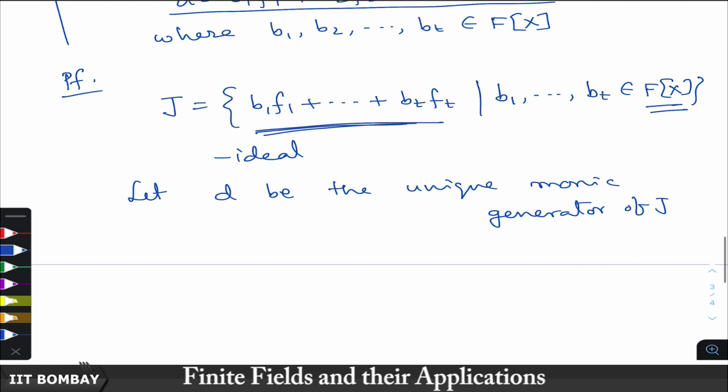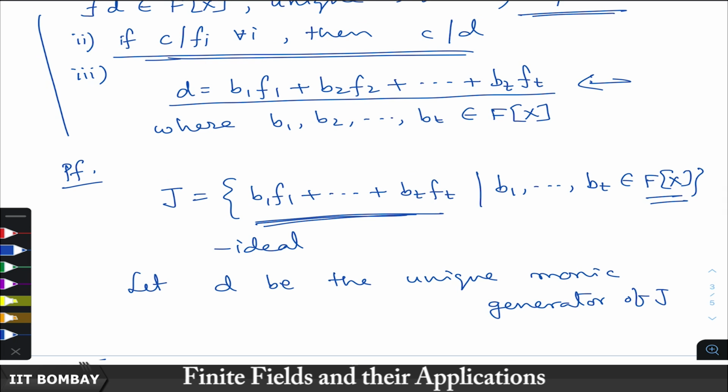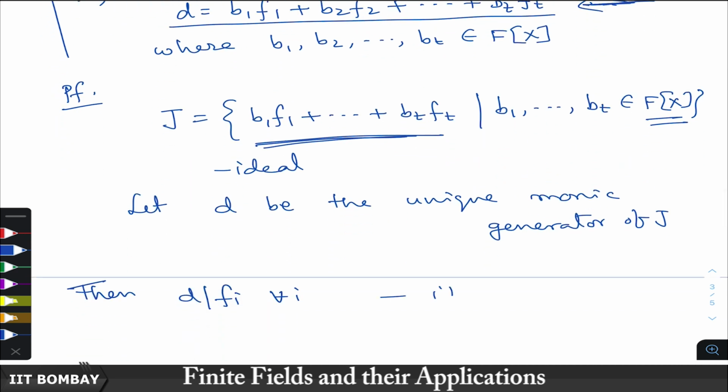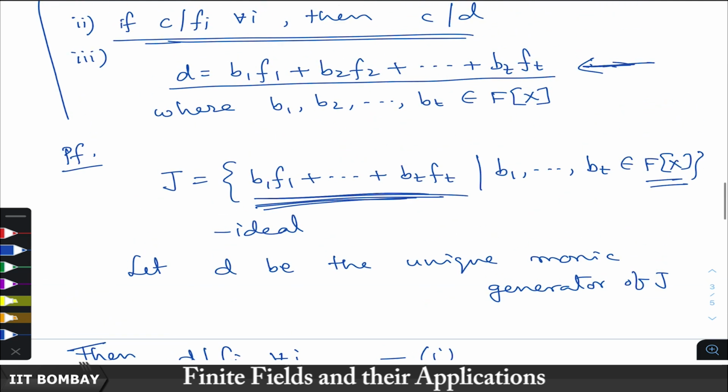So, d divides fi for all i, that is obvious. So 1 and 3 hold obviously, because d is an element in J, and so every element in J has an expression of this form. So, d is of this form.